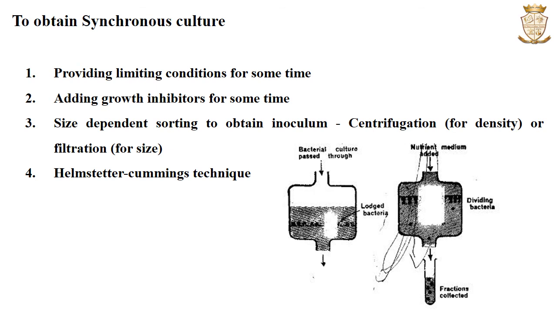When fresh medium is applied to this membrane, the bacteria which are bound onto the membrane will start to grow. The newly divided bacterial cells will detach from the membrane and can be collected from the bottom of the filter, from the apparatus, and can be grown as a synchronous culture.